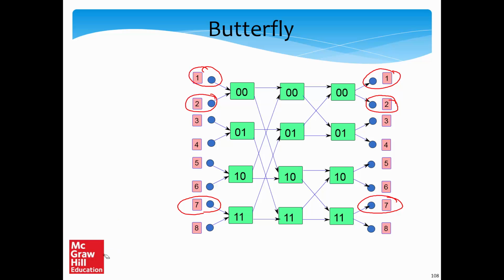Now, if we consider the network, these blue nodes follow the same format as the fat tree, where we have two kinds of nodes. The blue nodes are the ones that both produce and consume data.